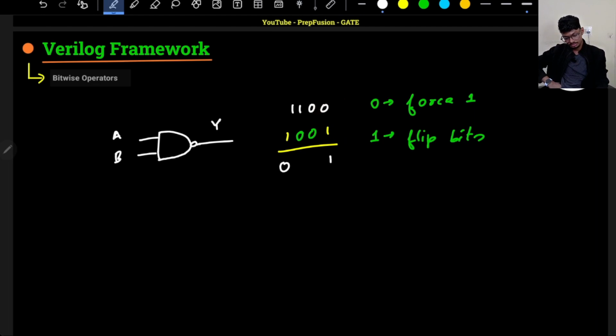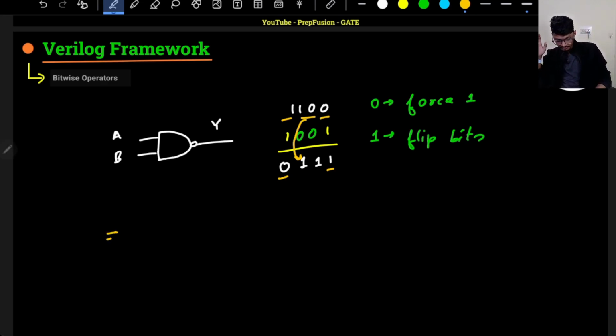This 0 and 0 will be simply 1 because I am performing NAND, and this also will be 1. So if you observe, these two bits are flipped here and these two bits have been forced to 1. Okay, so that is the use case of NAND, NOR, and all these things.